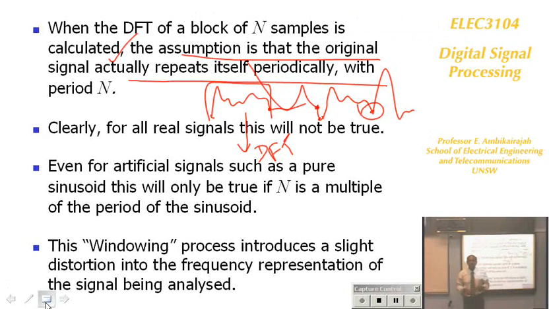I won't go into detail of the assumption, and you can read the proof. That assumption causes a problem. You can see here naturally, this is my next part. But the DFT assumes that part is repeating. You see? That part is repeating again. That means instead of going smoothly like that, I'm going like that. That means I've caused distortion.